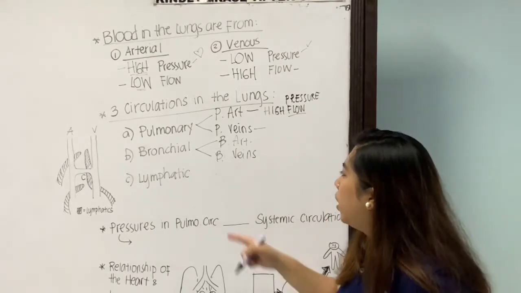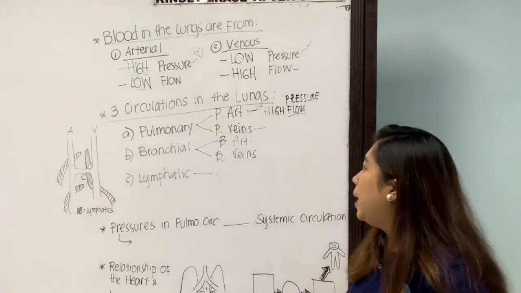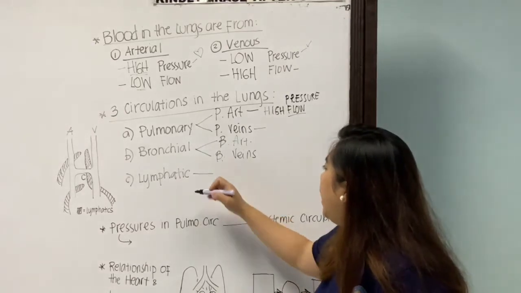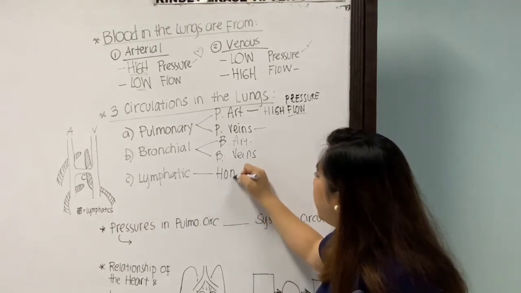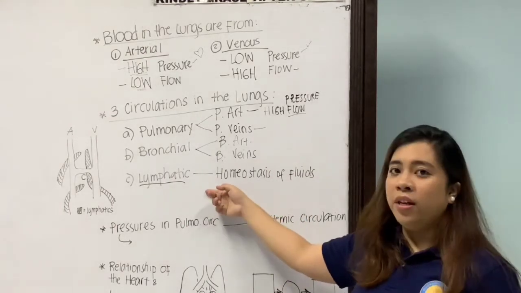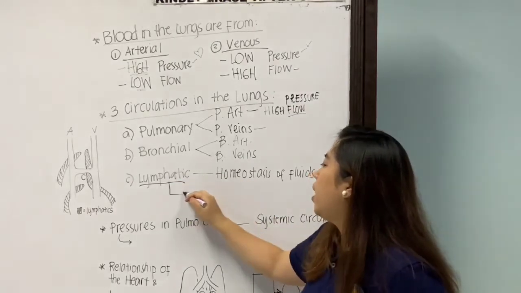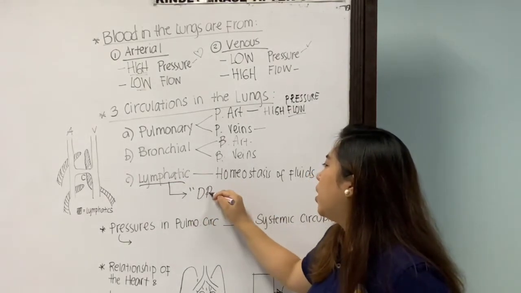Next, you have your lymphatic circulation. In general, lymphatics play a role in keeping homeostasis of fluids. There are a lot of lymphatic vessels found in your lungs. So this is the mechanism that keeps your lungs, in a sense, dry.